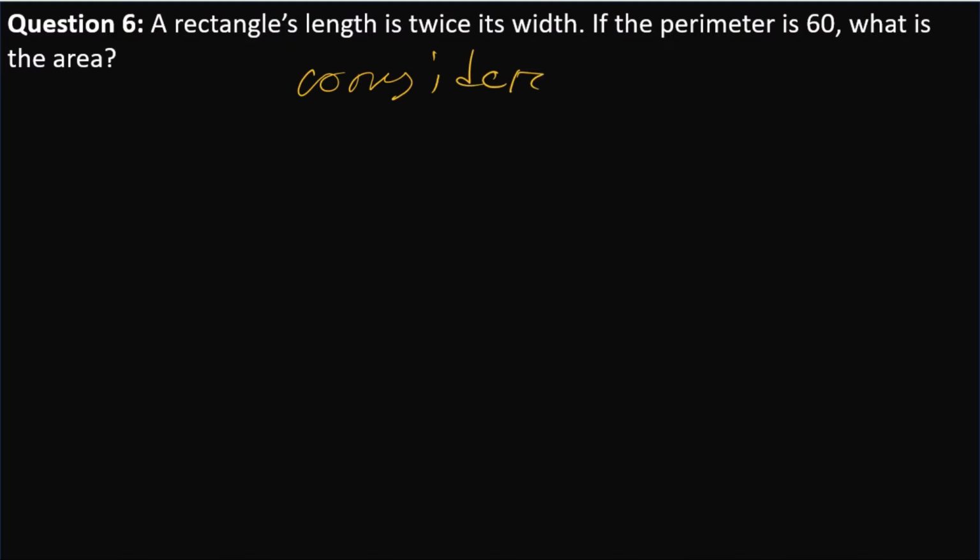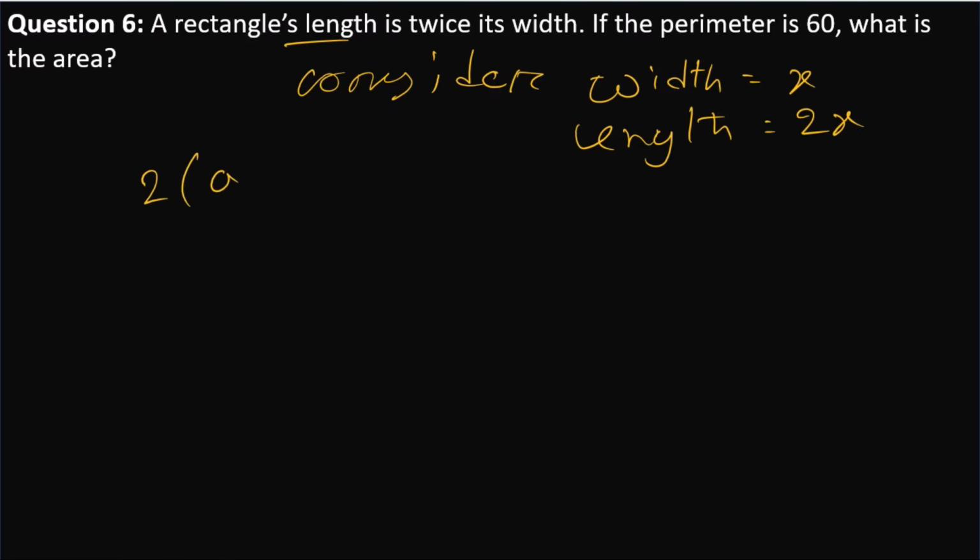So we know that the perimeter is 60, where 2a is the width and b is the length.